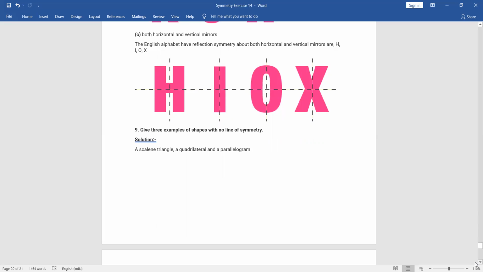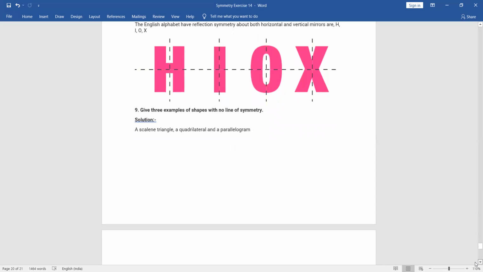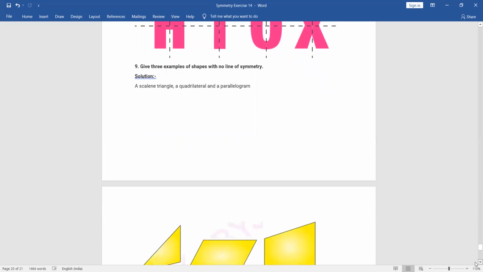But if a shape has no line of symmetry, when does that happen? If there is no line about which you can fold the figure into two parts that coincide with each other.